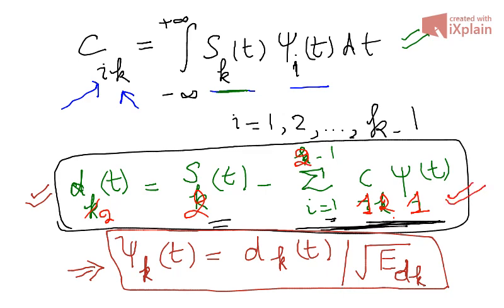When you choose the second basis function, you only have the first basis function psi1 of t, so you subtract that one from s2. Similarly, for k equal to 3, this summation would have 2 terms, and with k equal to 4 you would have 3 terms, and so on. You can extend it to any number of k. So this is how you find the orthonormal signal set from a non-orthogonal signal set.